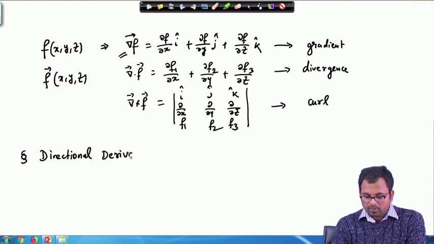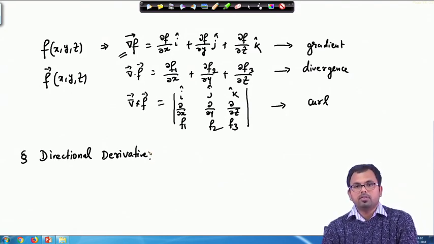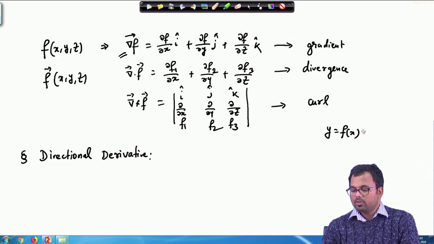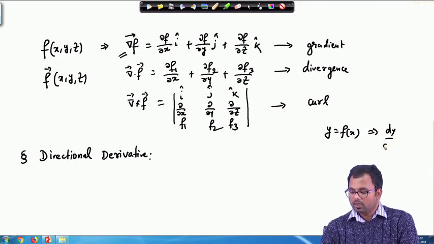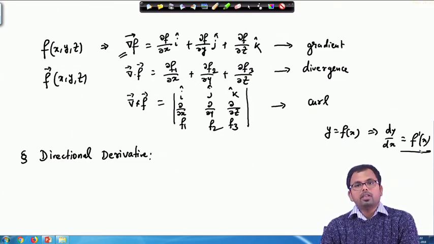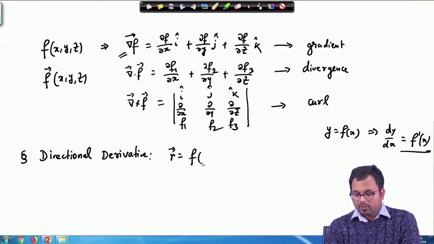In case of a scalar function, we calculated the derivative of a given scalar function. For a scalar function, let's say y equals f of x, if it is differentiable, then we differentiate dy/dx, and we write the derivative of this scalar function as f dash x.